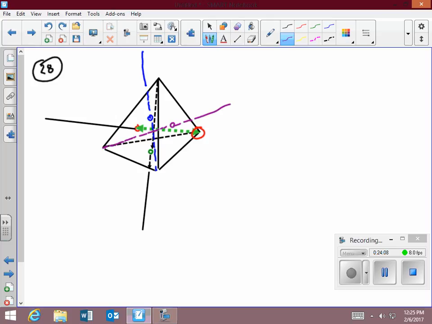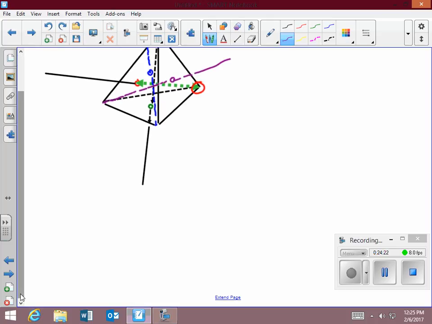Okay. A right regular pentagonal pyramid, it has 1, because, let's see.